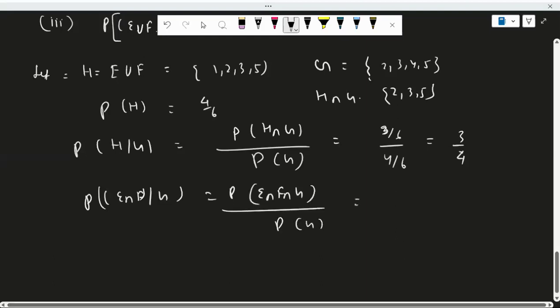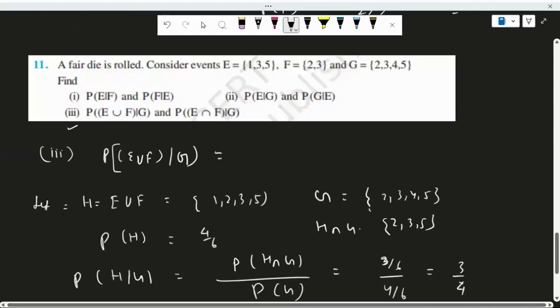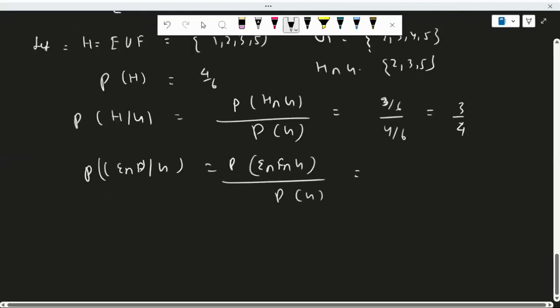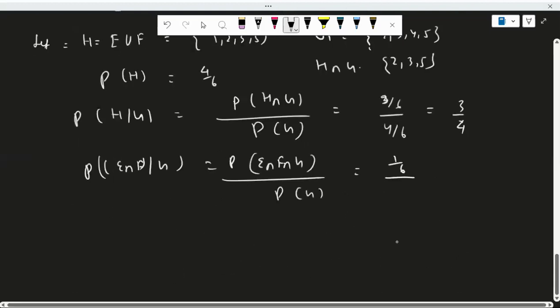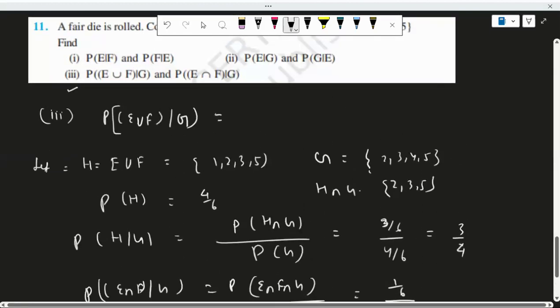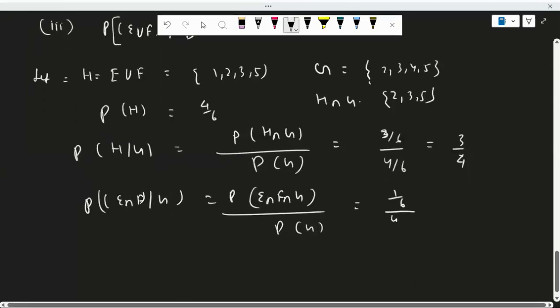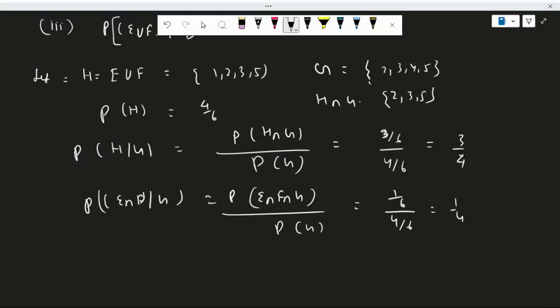If you take the intersection of all these E, F, G, you just need to check that only 3 is common, isn't it? Yes, only 3 is common. So that will be 1 over 6. And P(G) is 4 over 6. So it is 1/4. That is the answer.